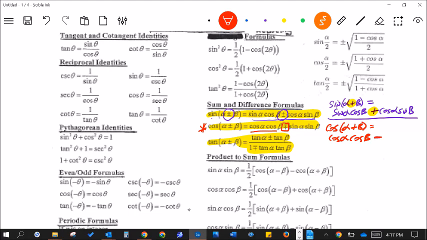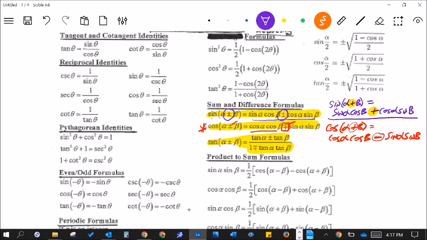That means that if I use the top one here, then I use the top one there. So this plus means a minus in the formula: sine alpha sine beta. That's the weird thing on the cosine one, the sign switch.